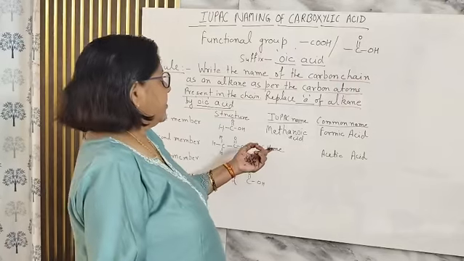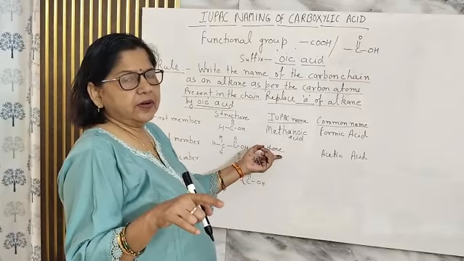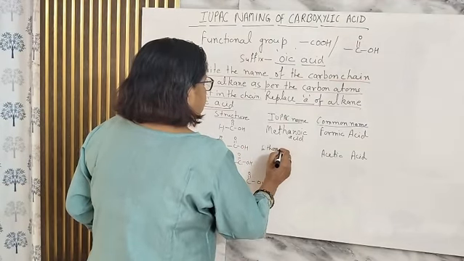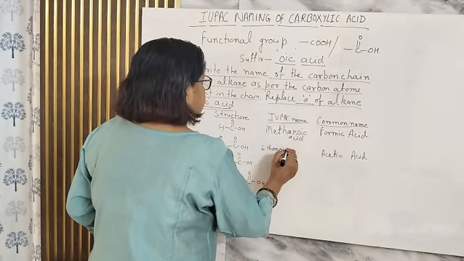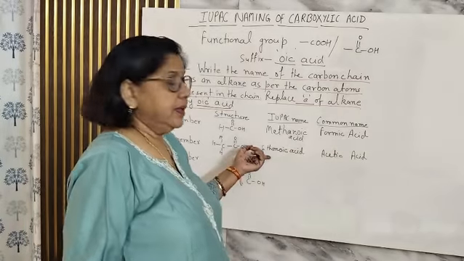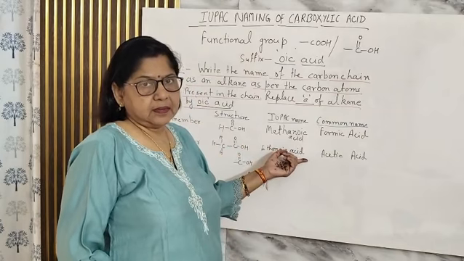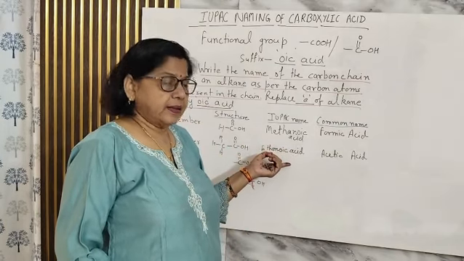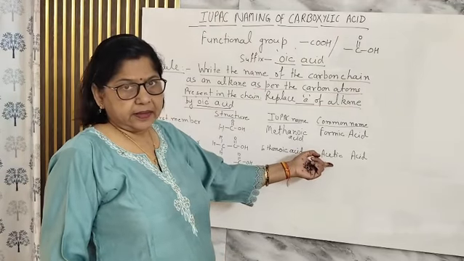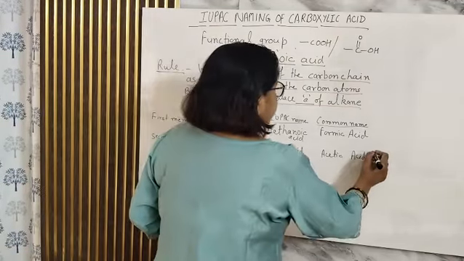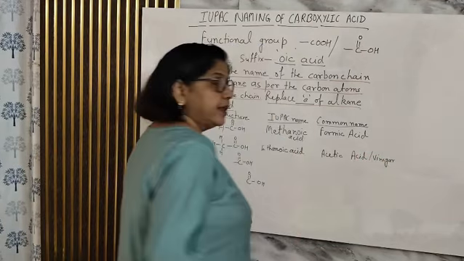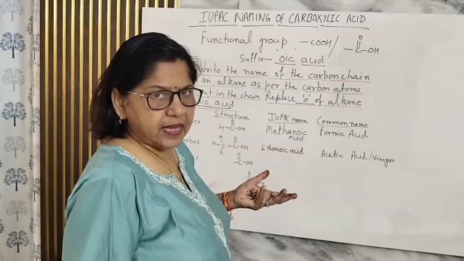Then I will replace E by oic acid. So the name is ethanoic acid. Ethanoic acid is the IUPAC name and the common name is acetic acid. You may call it vinegar also, which you eat every now and then in your Chinese food.